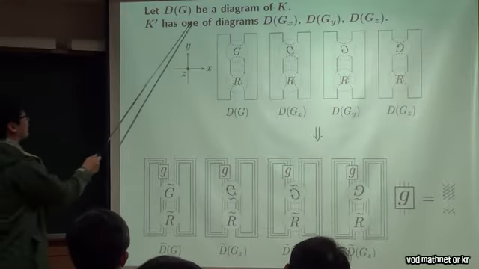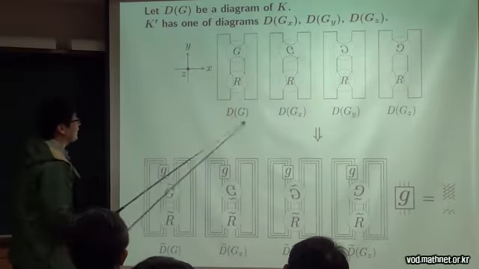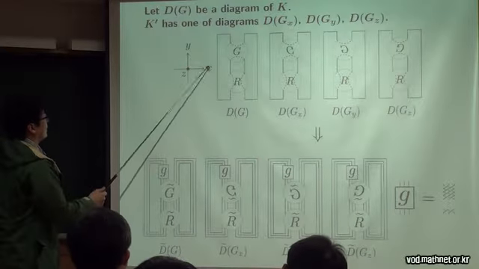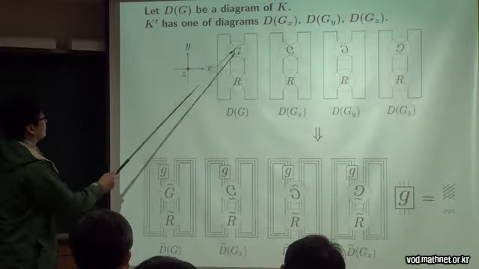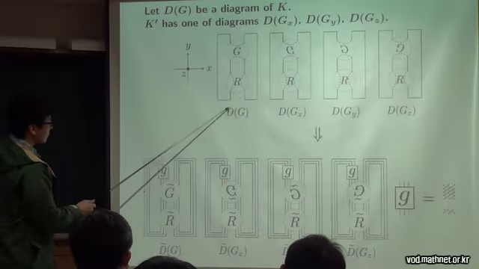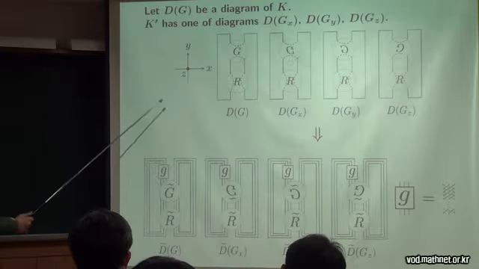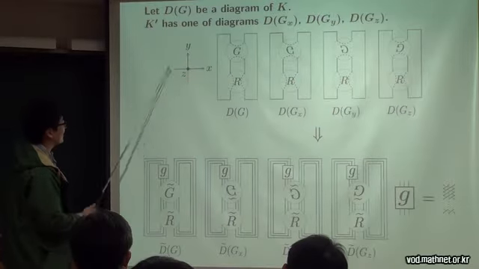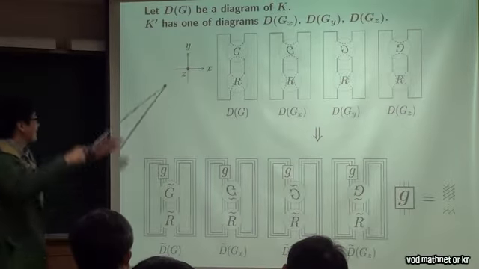Let DG be a diagram of K. DG is this. First, we set the x, y, z axes like this. The z axis is this.